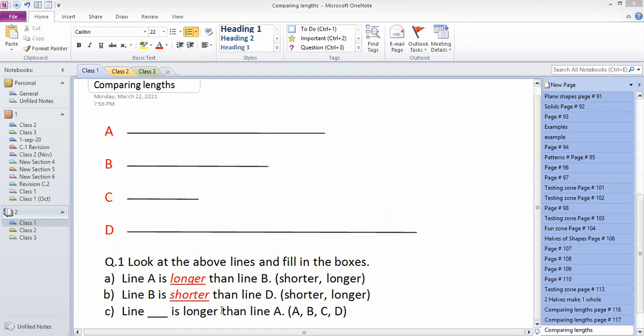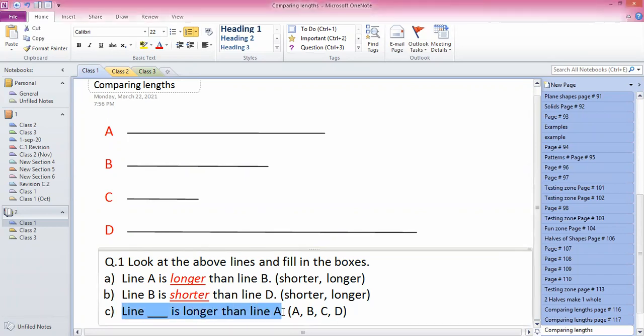Line dash is longer than line A. This is the blank. Line dash is longer than line A. Line B is longer than, or C, or D. Which line is longer than line A? A, B, C, or D? D. The answer is D.